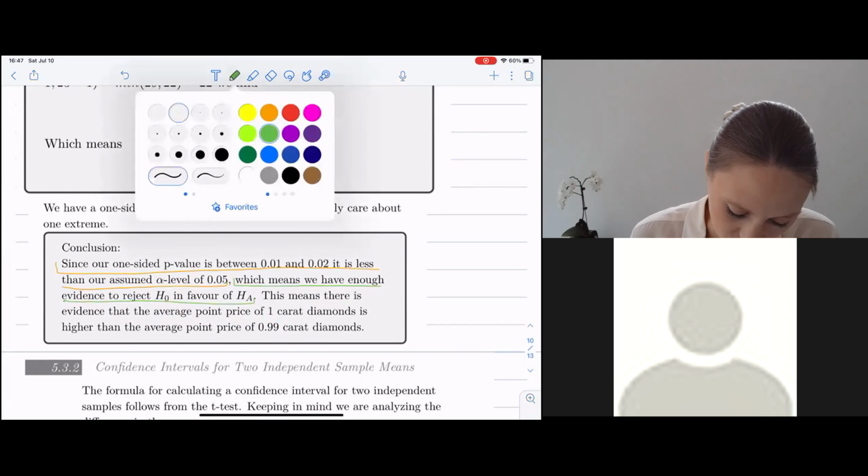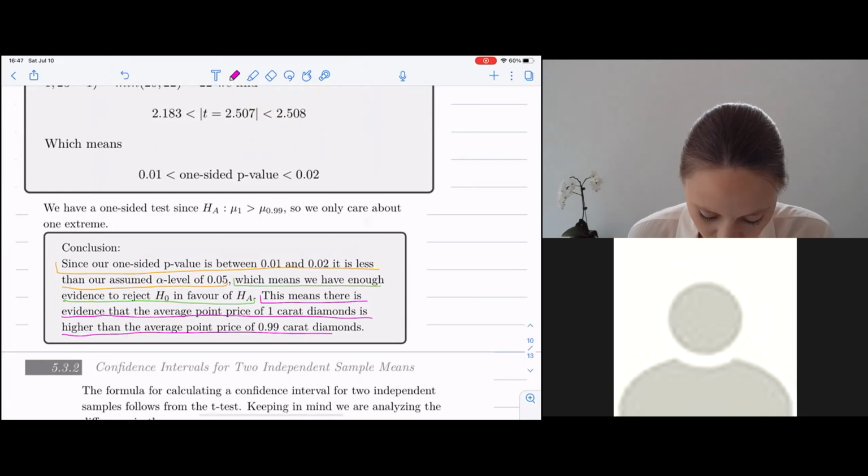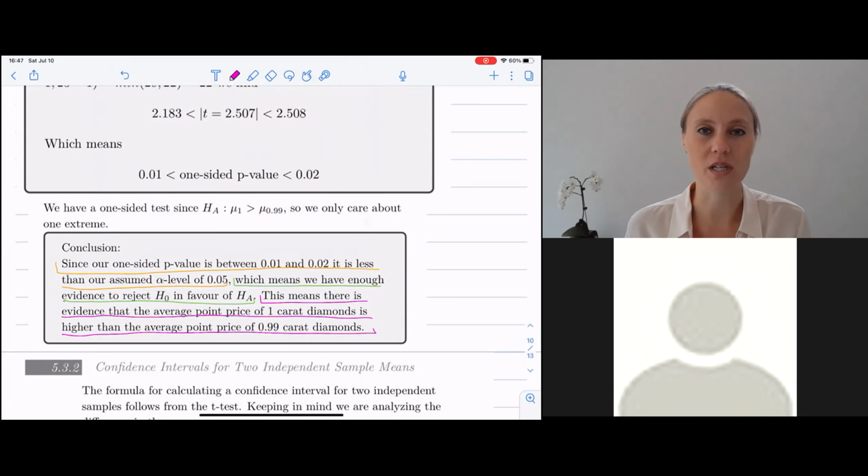So you always have to state your conclusion in terms of the question, but usually that just means rewording the question as an answer.